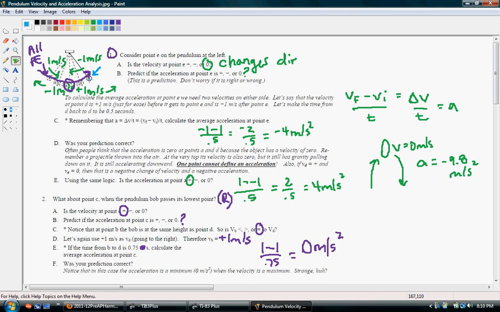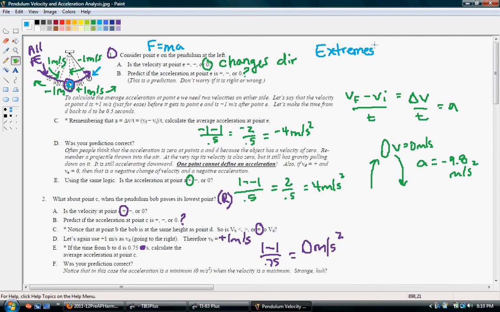If there's a force present at this point, there's going to be an acceleration present at this point, because force equals mass times acceleration. If you were to place a pendulum at the center and let it go, it's going to stay right there. So at this point, there's no force able to cause it to move, therefore no acceleration.